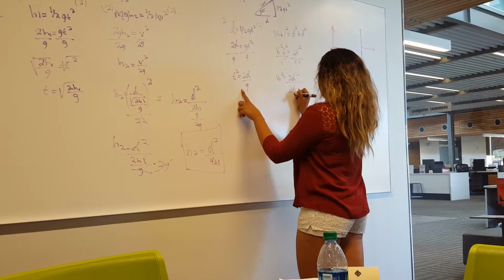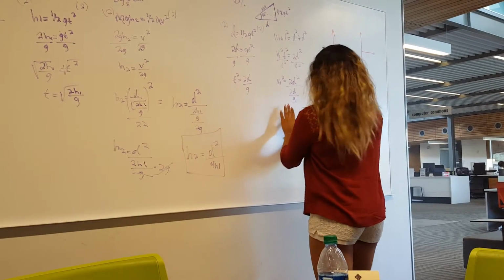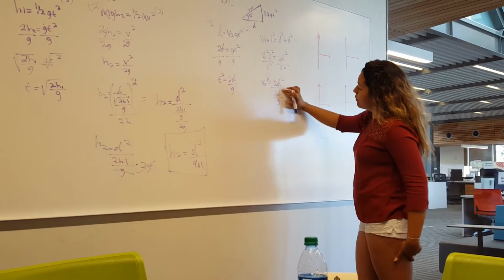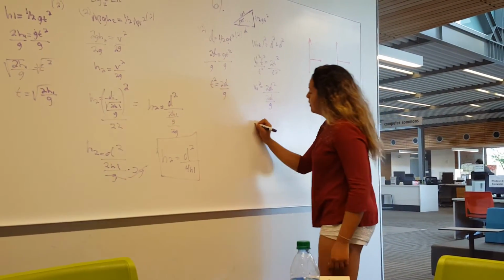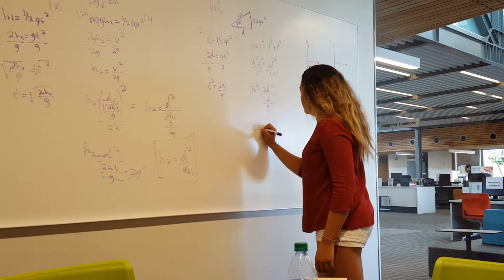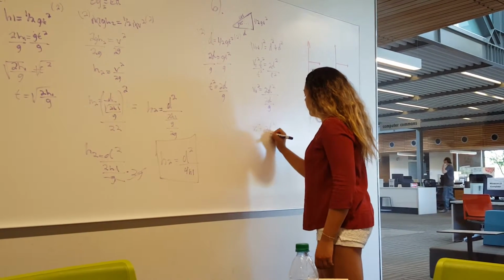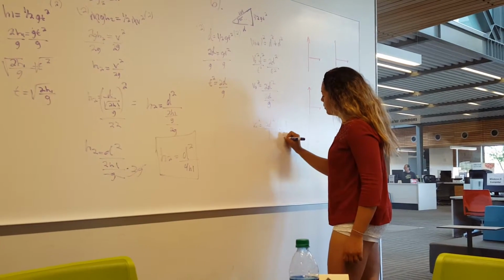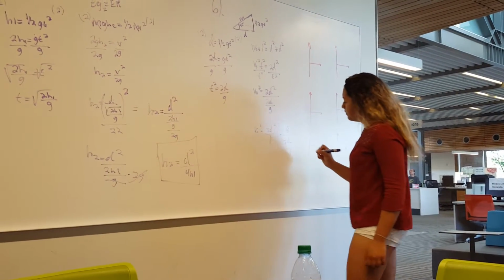Then you could put 2d squared over 1 and flip these to multiply, over 1 times g over 2d.